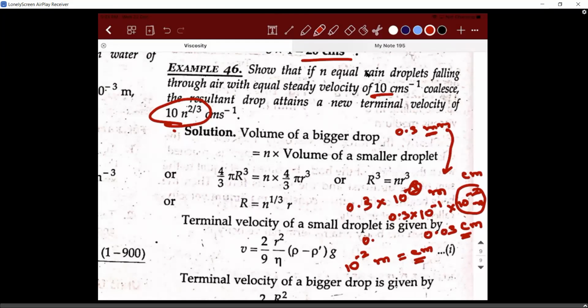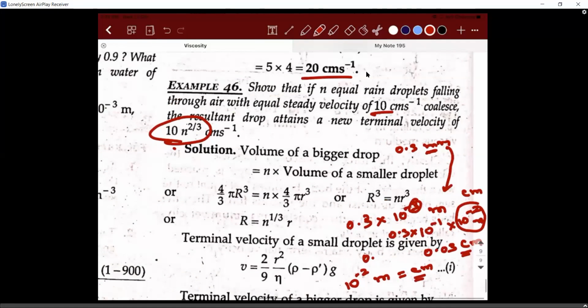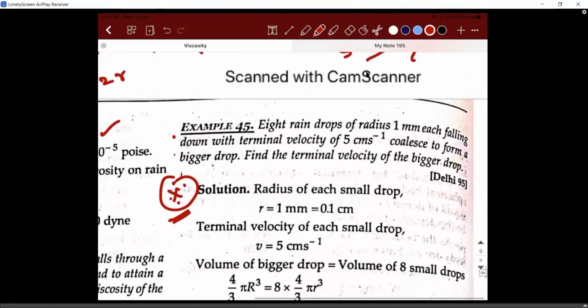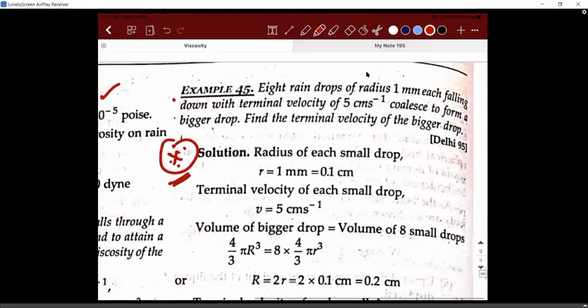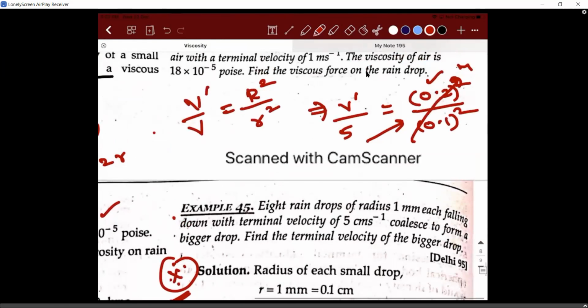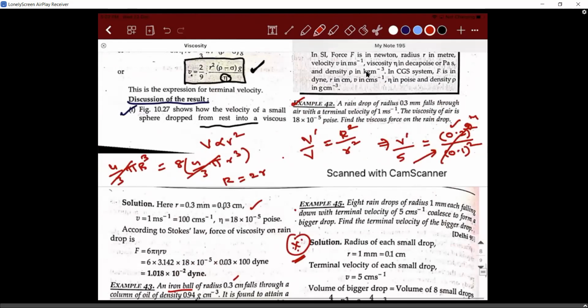So, sir, what happens if we do it directly? That depends. I never asked you to convert it to centimeter at all. I did it directly only, no? Oh, I converted, I'm sorry. You can do it directly. See, for example, that is even more simple.